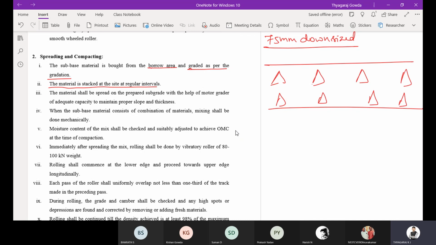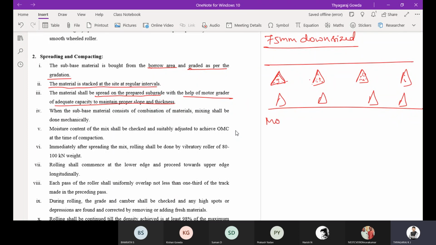Then the materials shall be spread on the prepared subgrade with the help of a motor grader of adequate capacity to maintain proper slope and thickness. So we have stacked the aggregates in the field. This is the stacking of the aggregates, the heap of aggregates we can observe on the field.